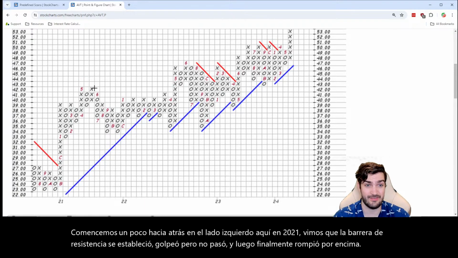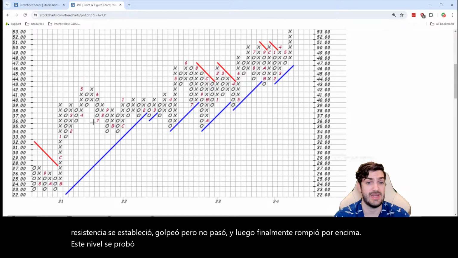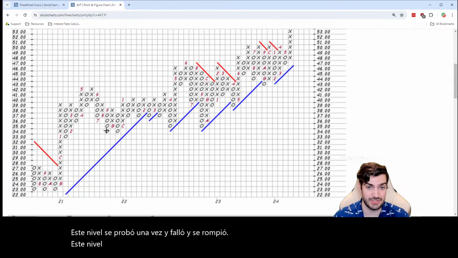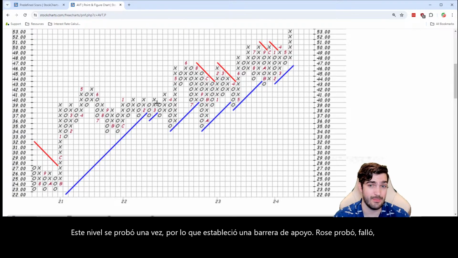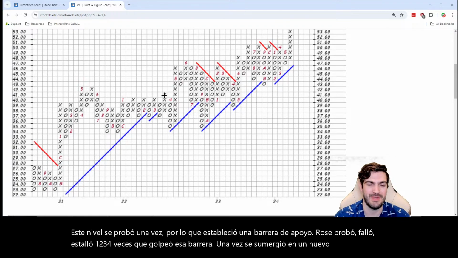This level was tested once and failed and broke down. This level was tested once, so it established a support barrier, rose, tested it, failed, broke out. 1, 2, 3, 4 times it hit that barrier. One time it dipped its toe into new territory and said, nah, not for me.